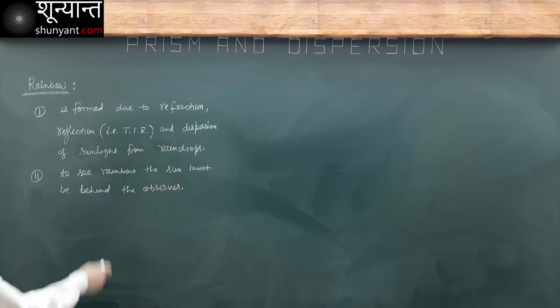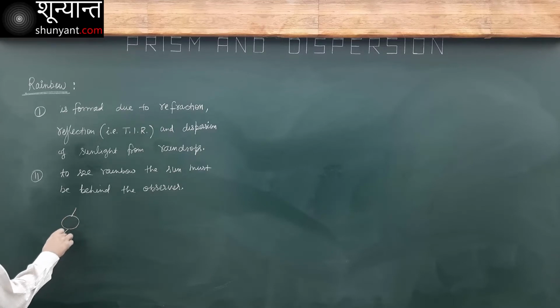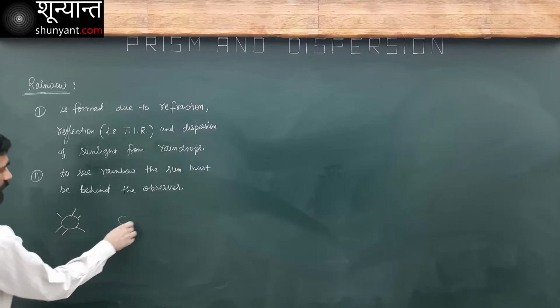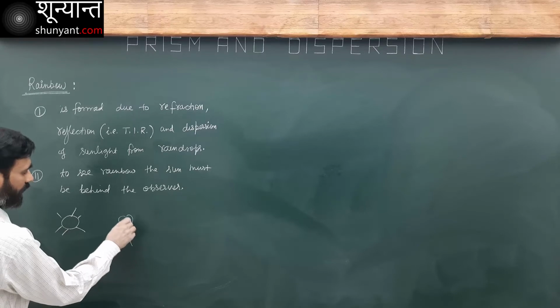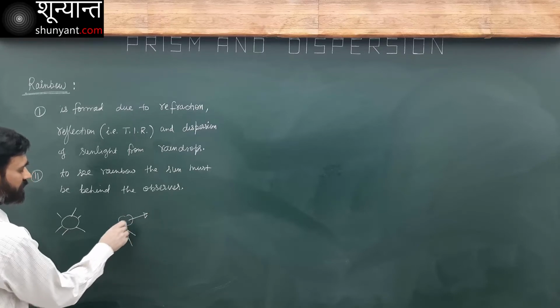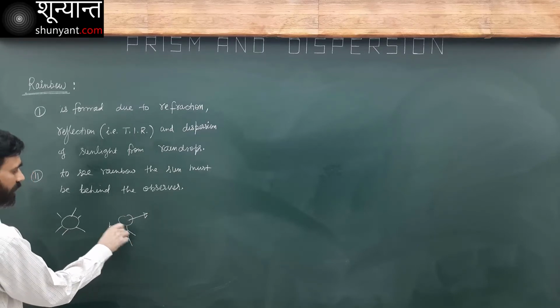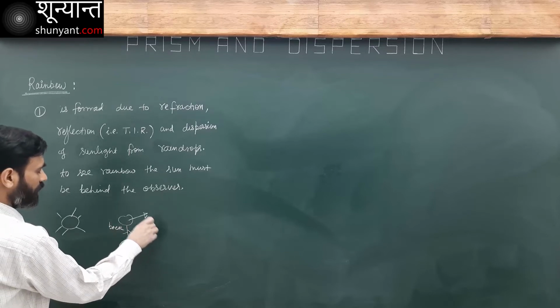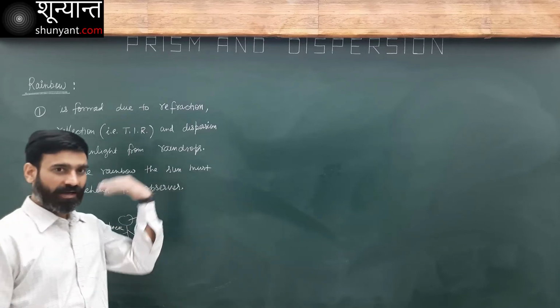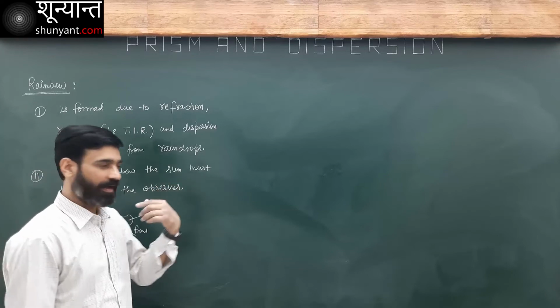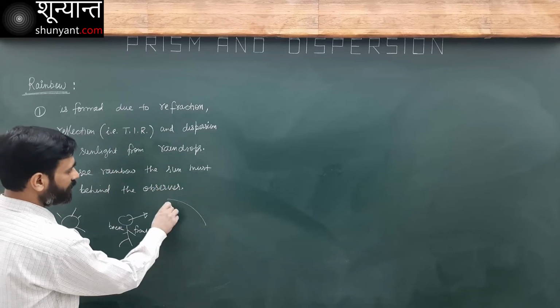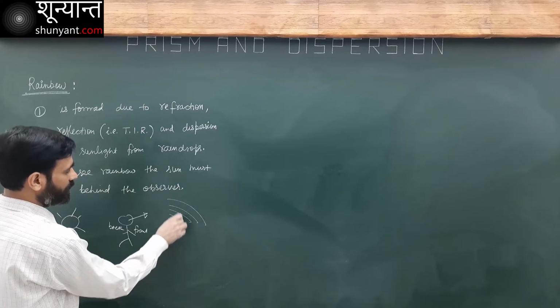That means if this is the sun here, then I must be looking towards this side. This is my back, and this is my front. So the sun should be behind me. Then I will see rainbows here. Red and white.